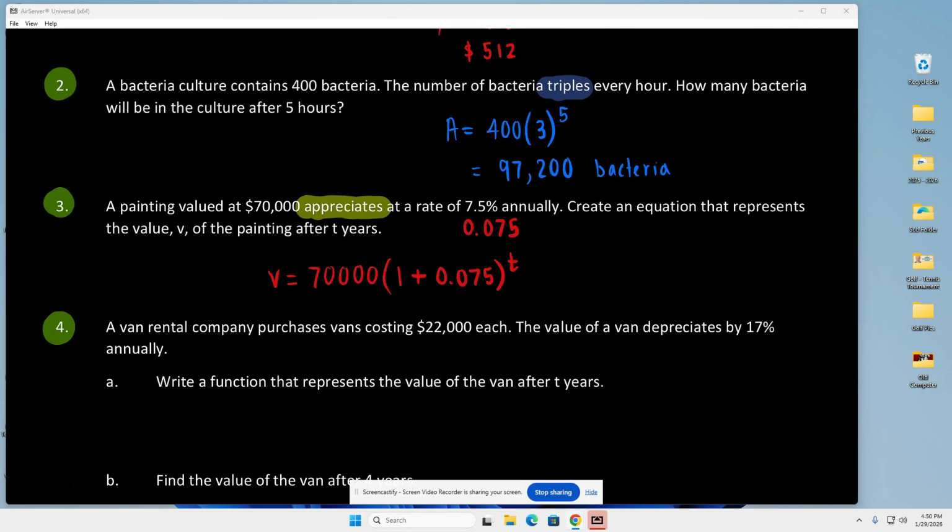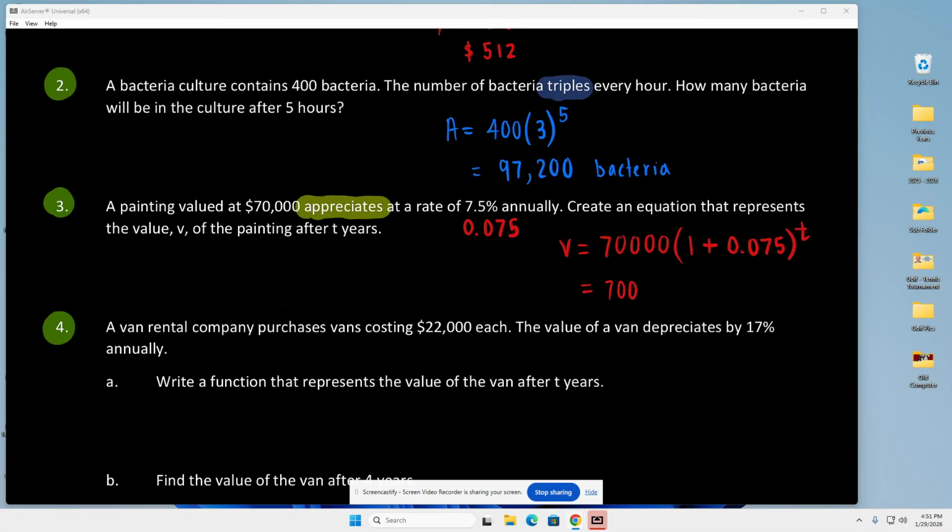Now, that's the equation. You know what I'm going to do? I'm going to move it over here. When I just write the equation, I personally like to simplify that value that is inside my parentheses. So I would go 1 plus 0.075, and I would change that to 1.075.